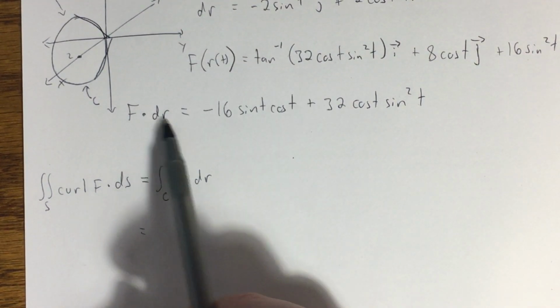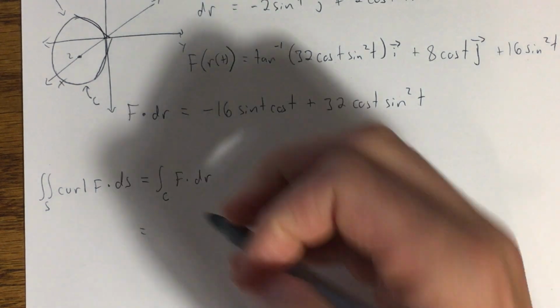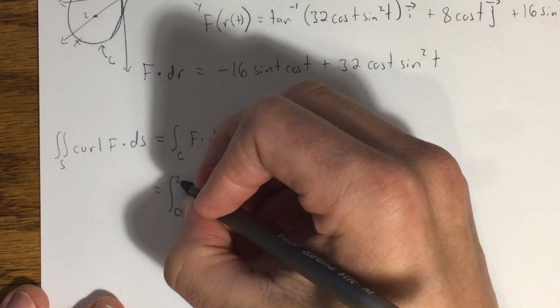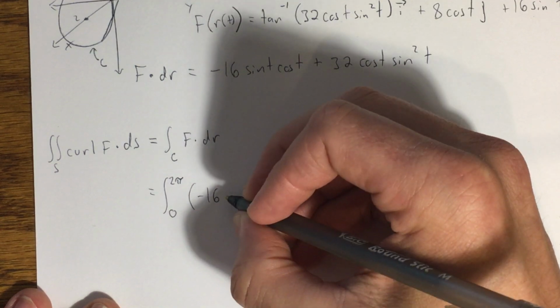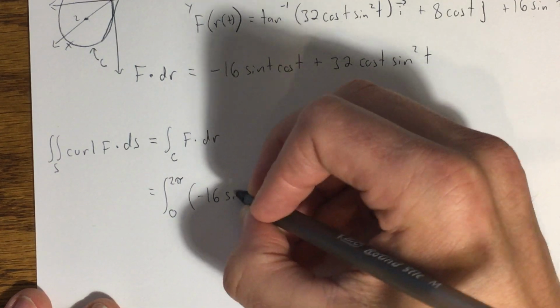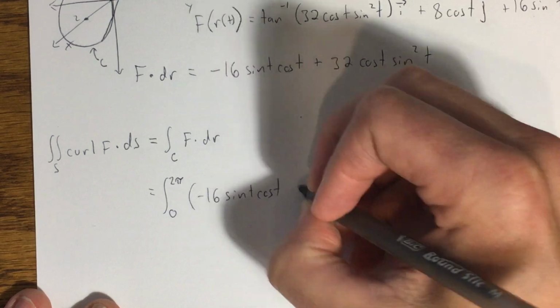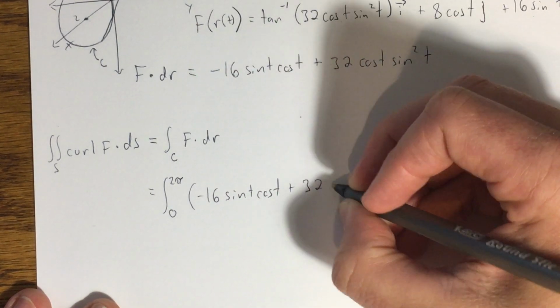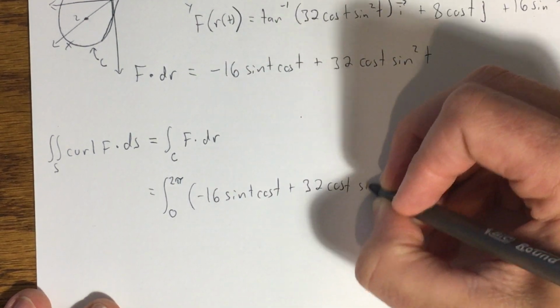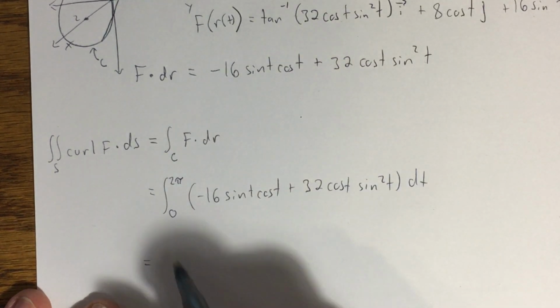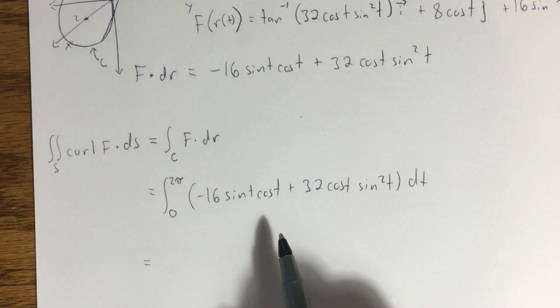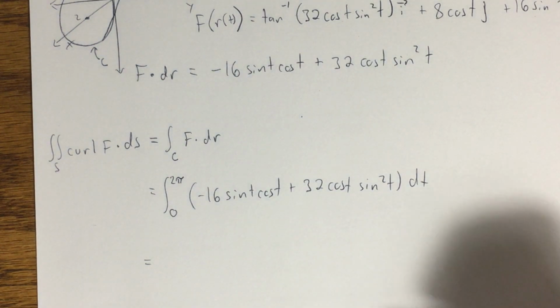I have f dot dr evaluated here, so I can convert this to a definite integral. And notice my t goes from 0 to 2 pi. So 0 to 2 pi of -16 sine of t cosine of t plus 32 cosine of t sine squared of t dt. This isn't difficult to evaluate, but I'm going to do something that's going to actually make this even easier.